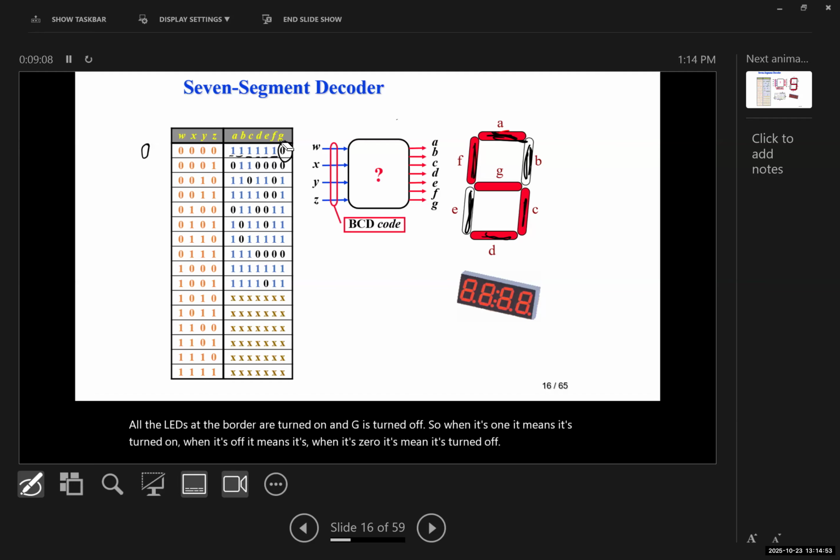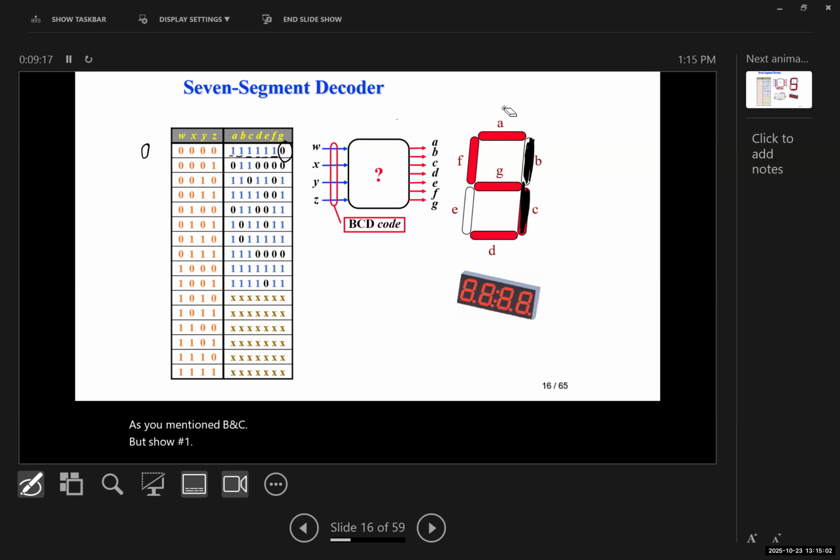Now to show number 1, for example, as you mentioned, B and C would show number 1, and the rest of it would be 0. So you can see 0 and then 1, 1, 0, 0, 0, 0. So 0, 1, 2, 3, 4, 5, 6, 7, 8, 9, and after 9, we don't have a BCD code, so we can put don't care.